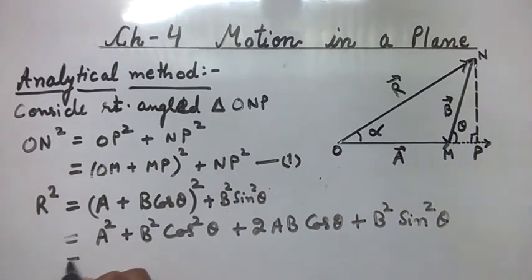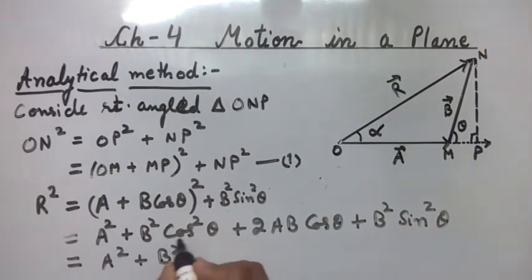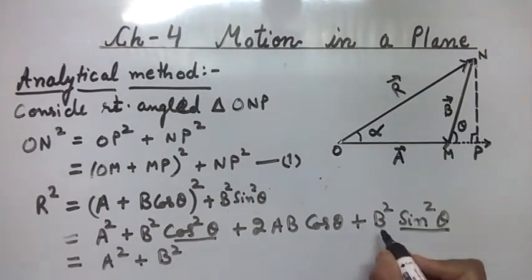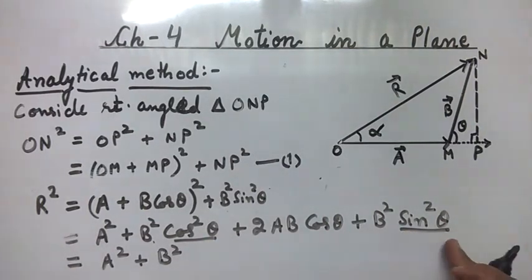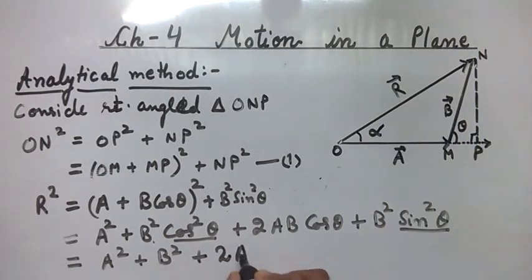That is A square plus B square (cos square theta plus sine square theta), taking B square as common, and cos square plus sine square theta is equal to 1. Therefore, we are left with A square plus B square plus 2AB cos theta.